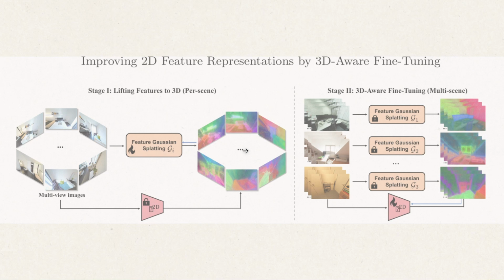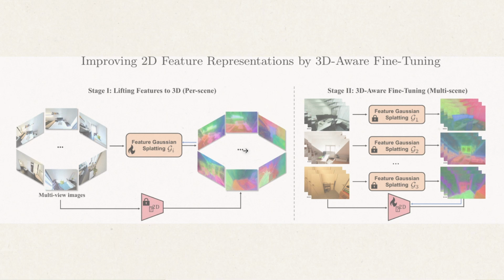These are like soft blobs floating in 3D space, and each one stores its own information: where it is, how big it is, how it rotates, and how it looks from different views. And crucially, a learnable feature vector which they call f.